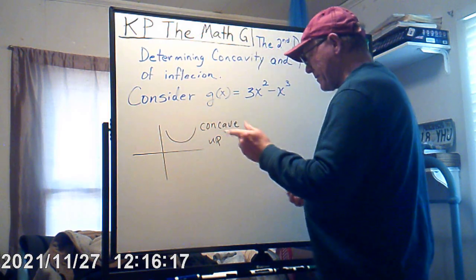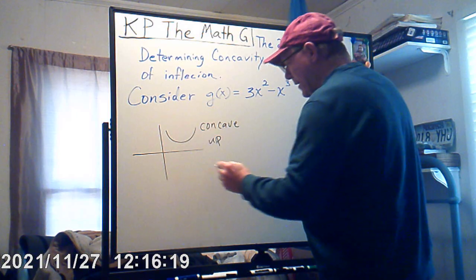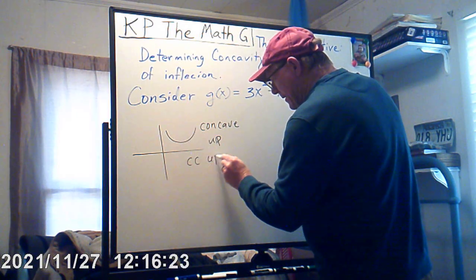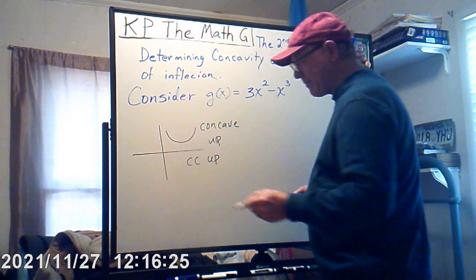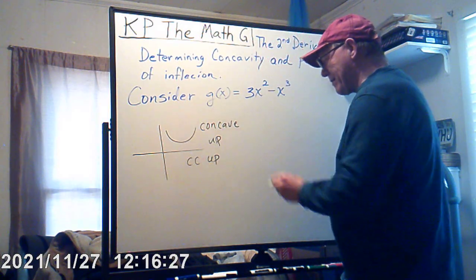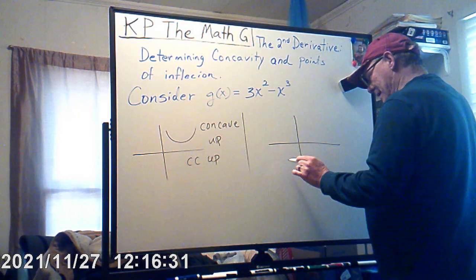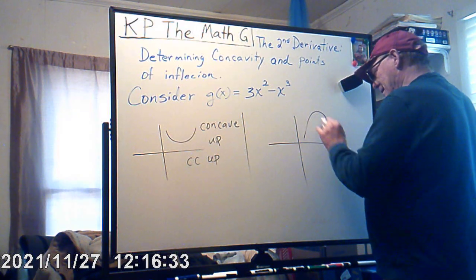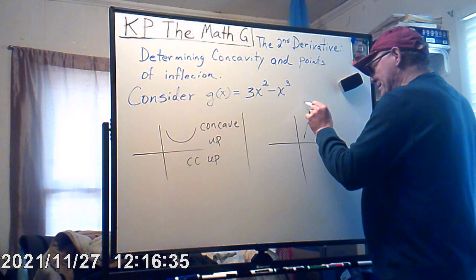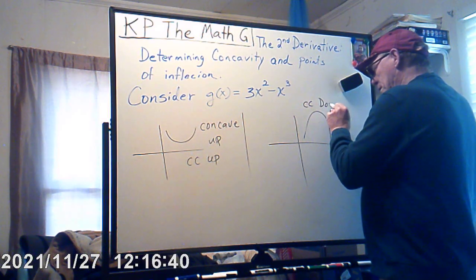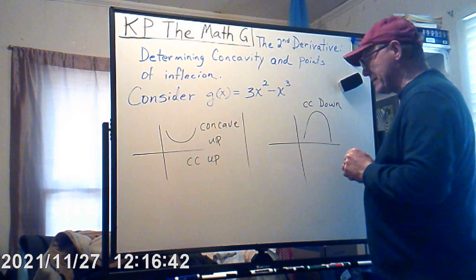I like to use the initials CC. Concave up or concave down. In this particular case here, we are at concave, okay, there we go. That would be concave down. Okay, that's it right there.